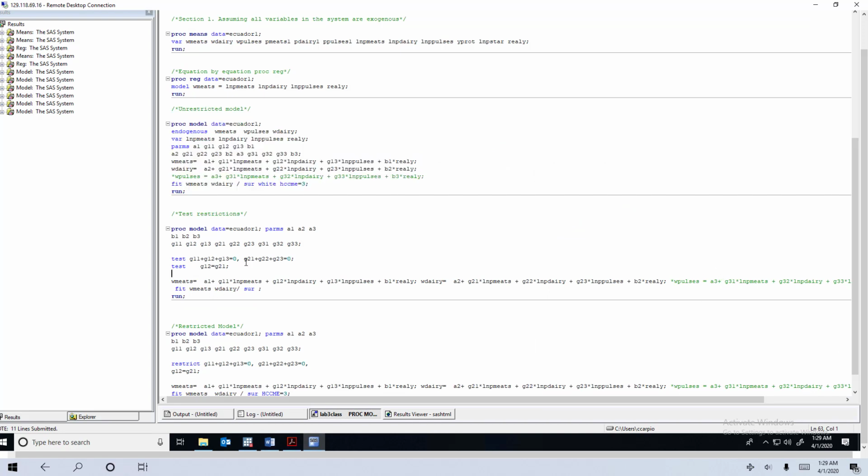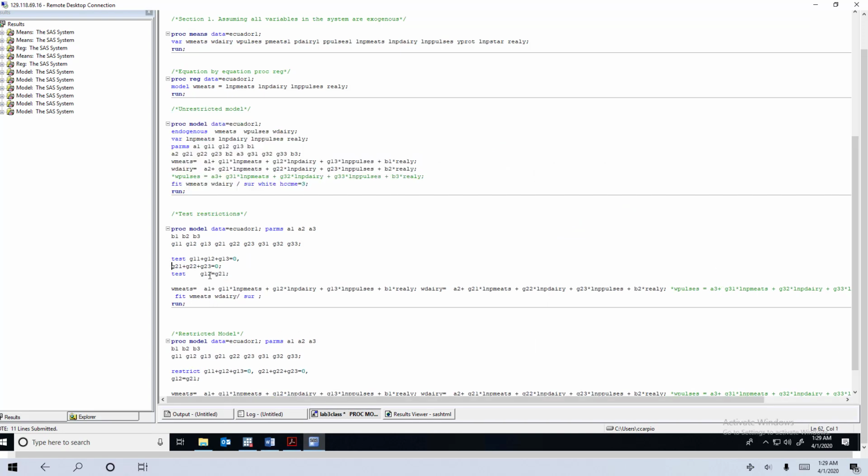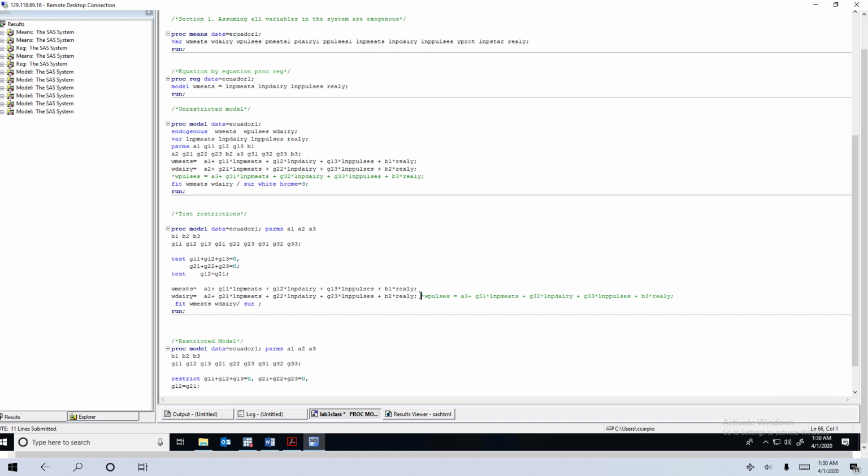Okay, so the next step is to see if we can test those restrictions. Since we had to drop one of the equations, we can only test for 2 of the equations. The tests can be done separately or together. We're going to be doing the homogeneity test and the symmetry test. Some of you might be wondering, okay, so what about the adding up restriction test?